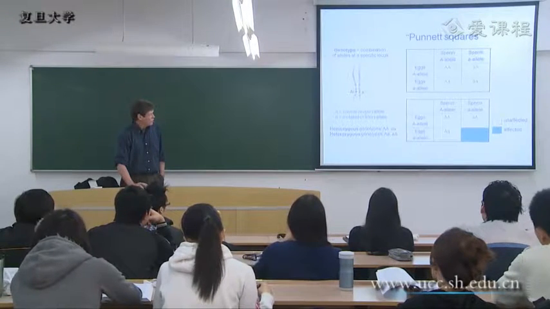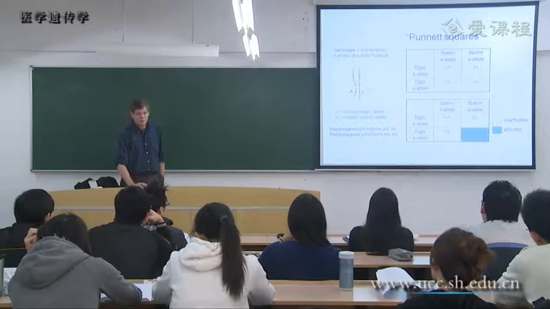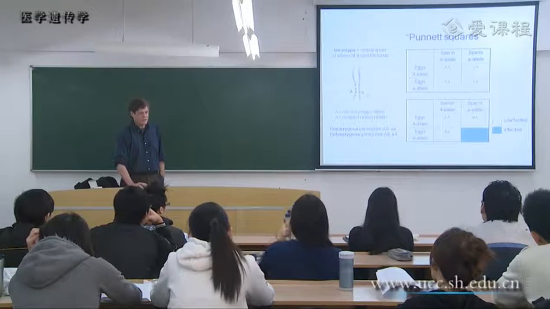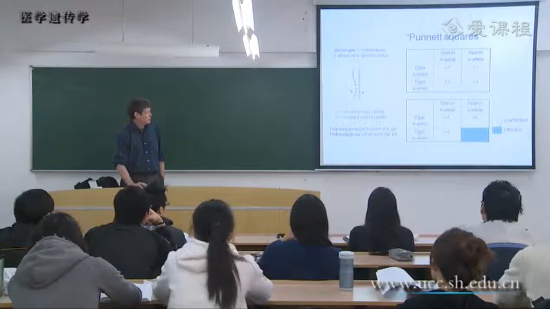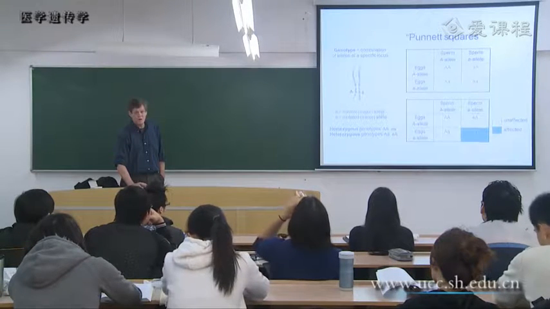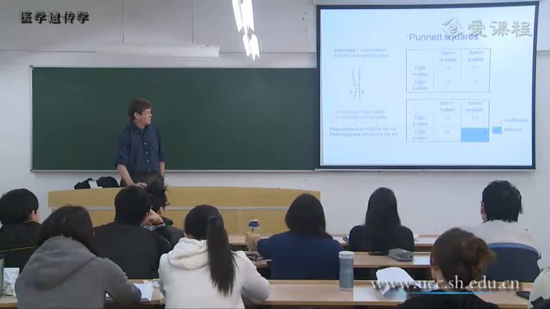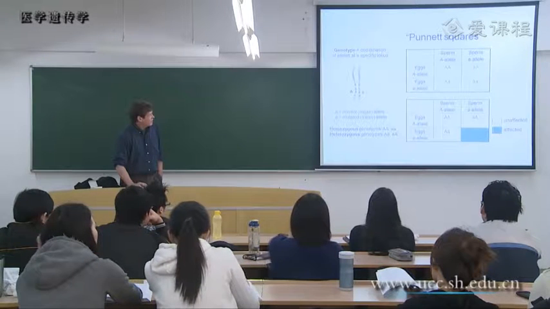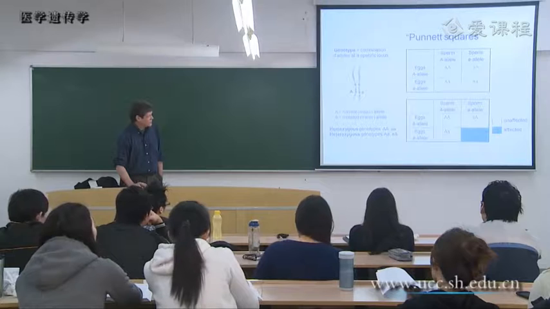So one allele, one form of the gene, would be on one chromosome, another form would be on the other chromosome. And in today's lecture, we're going to take the convention that the big capital letter is going to be the normal allele. It's going to be the most common allele in the population. And the little a is going to be the mutated or minor allele. Okay. Now, when we talk about genotypes, we also talk about whether they're homozygous or heterozygous.